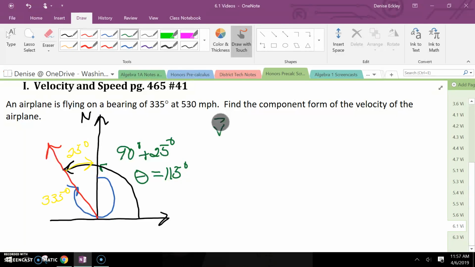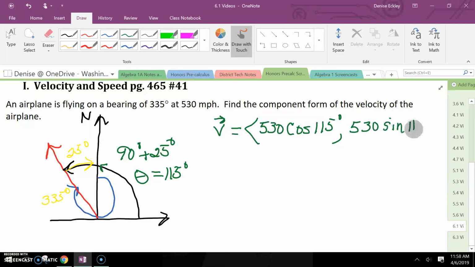So we're going to use the idea that V is going to be the magnitude, which we're given is 530, times the cosine of our direction angle, which is 115 degrees, and the y component is going to be our magnitude times the sine of our direction angle, 115 degrees.